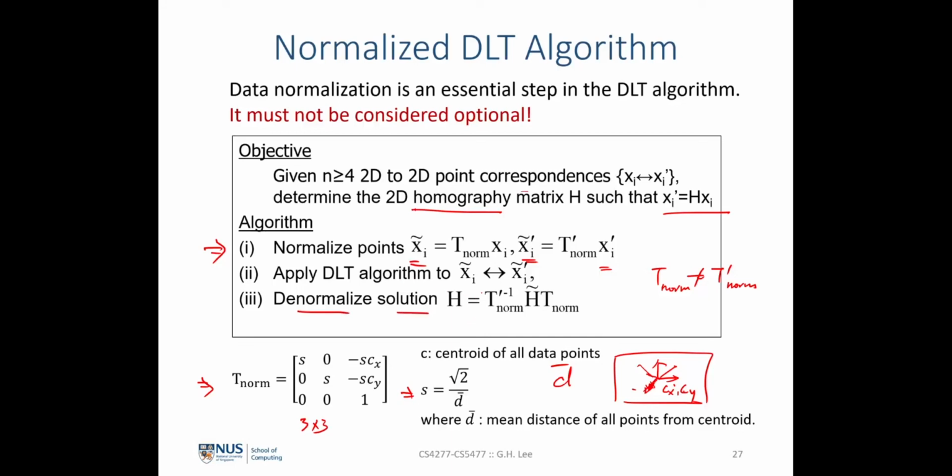This means that we'll apply this transformation to the H tilde, which we have computed from the normalized points, to denormalize it to get the final solution of H here. And please remember that this step is not optional, it's compulsory to do this. Otherwise, we'll end up with an ill-conditioned matrix A, and that will lead us to a bad solution of the homography.